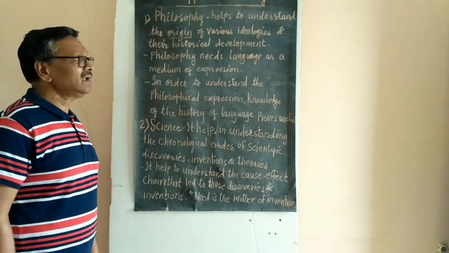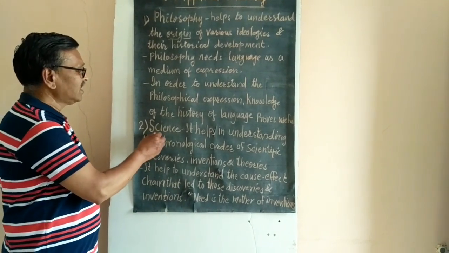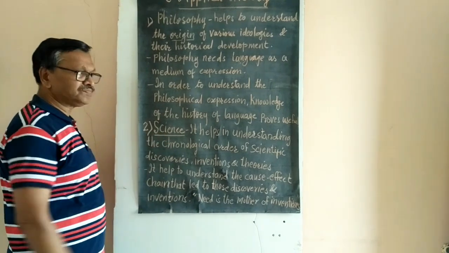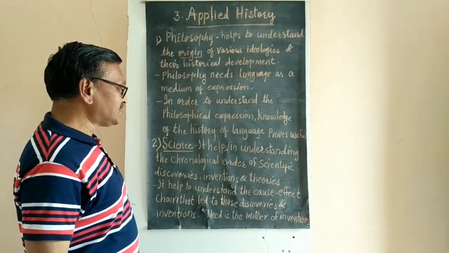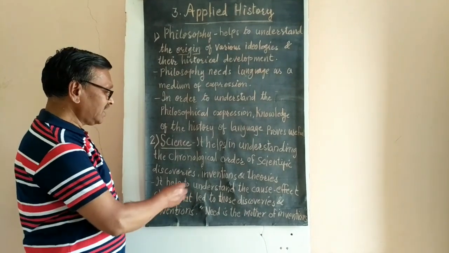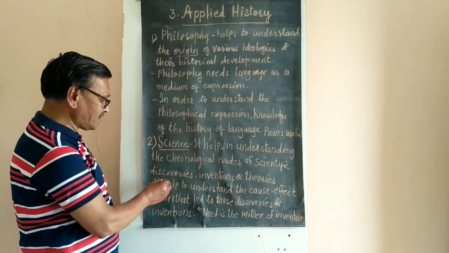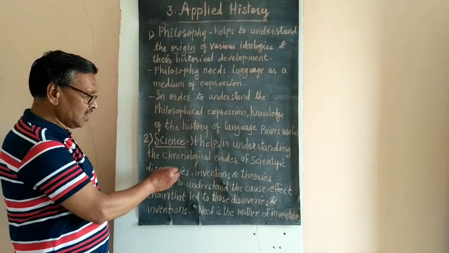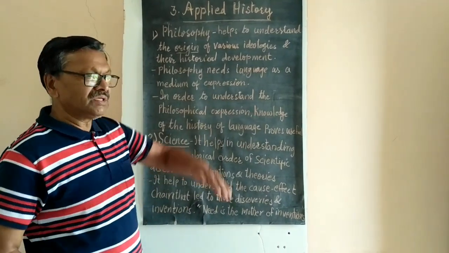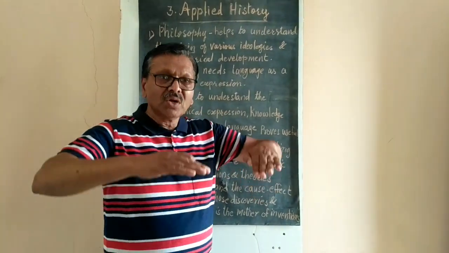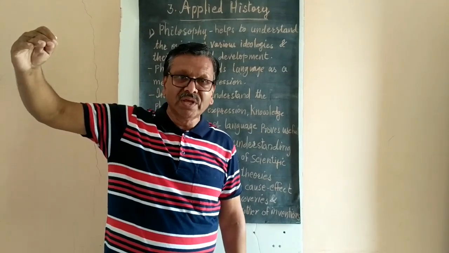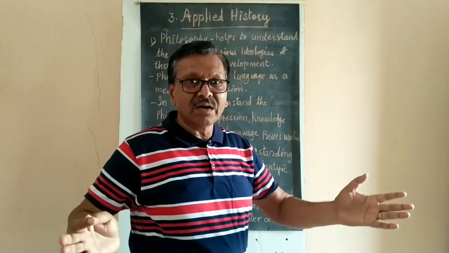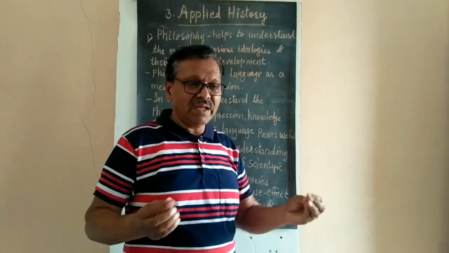The second field is science. Science helps in understanding the chronological order of scientific discoveries. Chronological order means how it slowly evolved, how it was developed slowly. All of a sudden, we didn't develop anything.